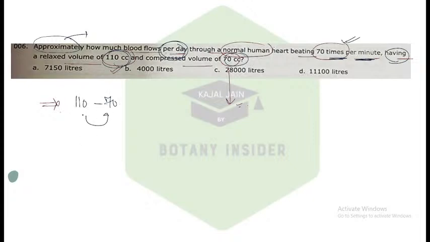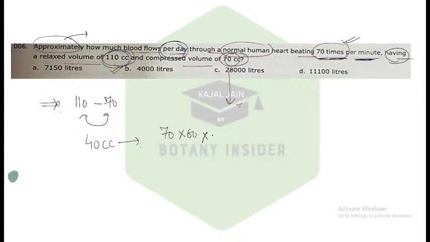That means what is the actual volume of the heart? It is 40 cc, right? All you have to do is multiply it properly. It is saying 70 times per minute. In 1 hour there are 60 minutes, right?